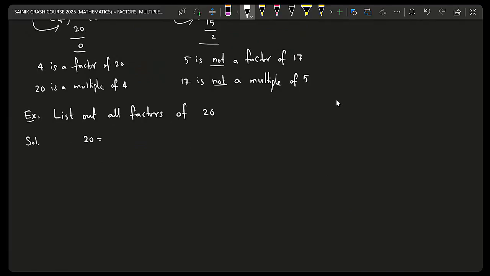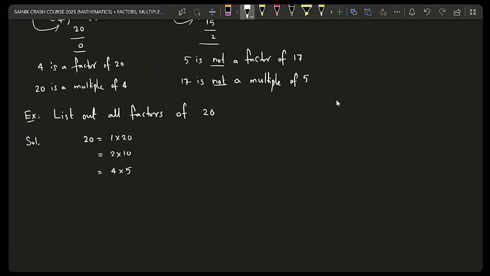You start checking from the first value. Every number is divisible by 1, so I can write 1 into 20, then check by 2. It's divisible by 2, 2 into 10 is 20. Then 3, it's not divisible. And 4, yes, it is divisible, that is 4 into 5. So we got 20 is equal to 1 into 20, 2 into 10, 4 into 5.